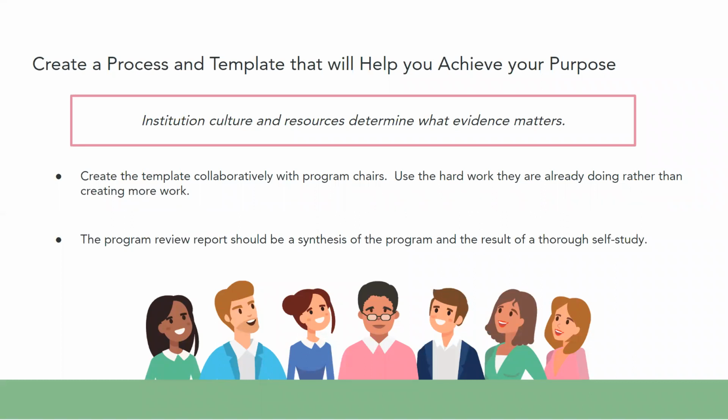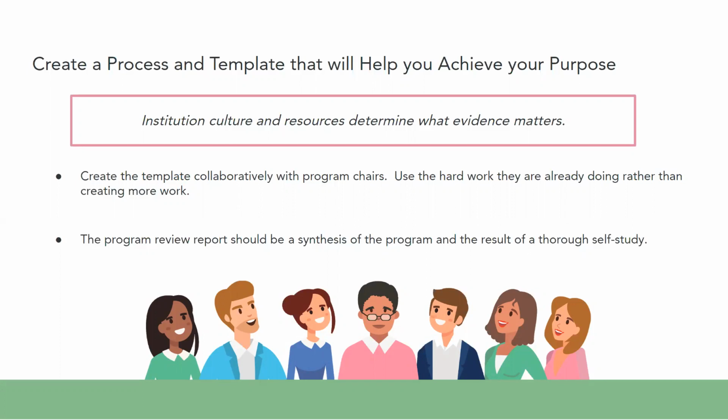First, you need to make this determination about your goals and your purposes, but then also you need to take stock of what's already being collected across campus that can be brought to bear on this. And you need to also ask yourself what types of information will be most helpful for programs and departments to answer the questions that you have.